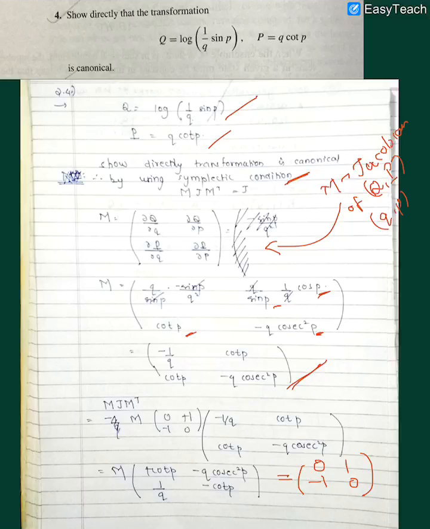So this is the Jacobian which we have formed for this particular transformation given by capital Q, capital P, small q and small p.